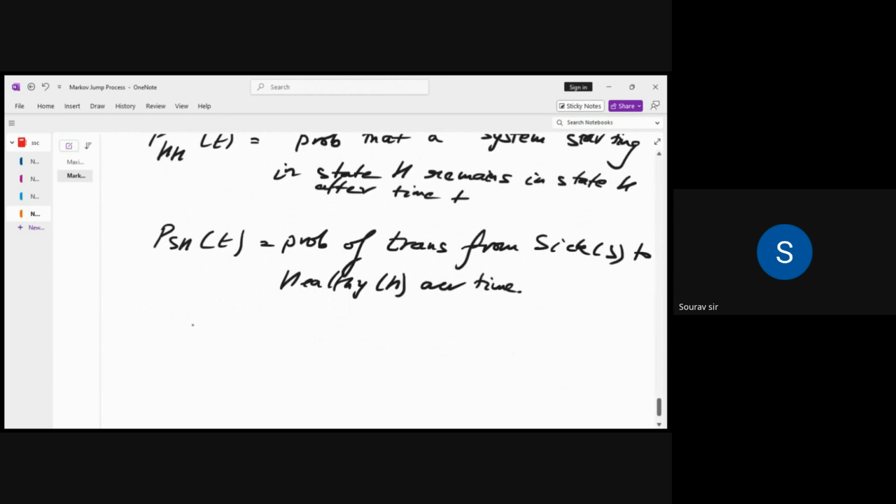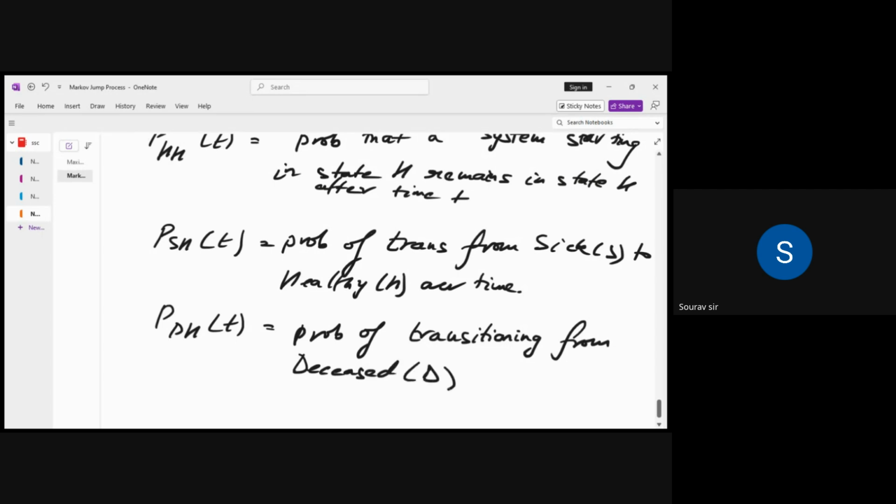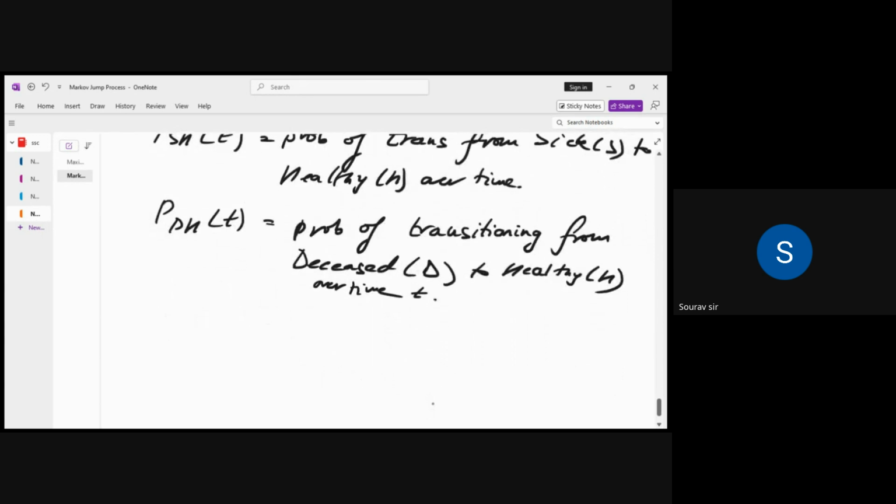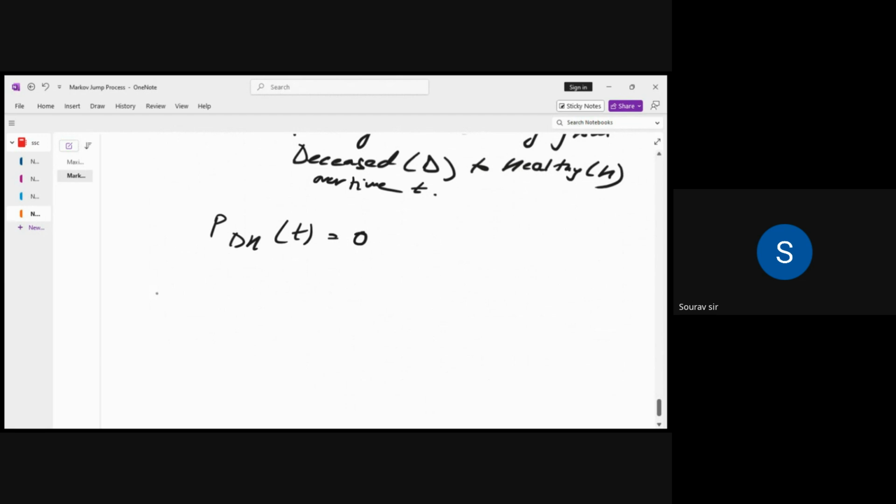And next, P_DH(t), that is the probability of transitioning from diseased to healthy, H, over time t. Okay. But in most practical cases, D is an absorbing state. Absorbing state means P_DH(t) is 0.